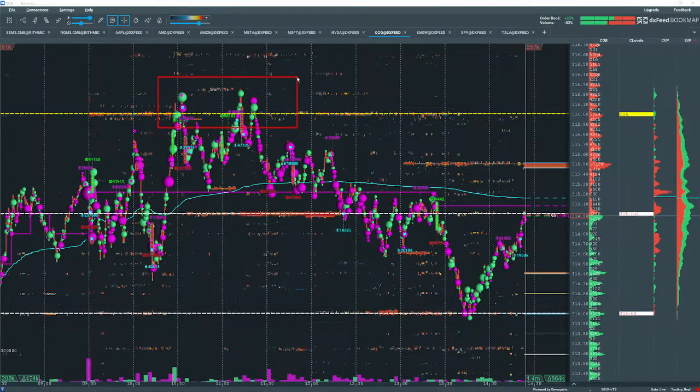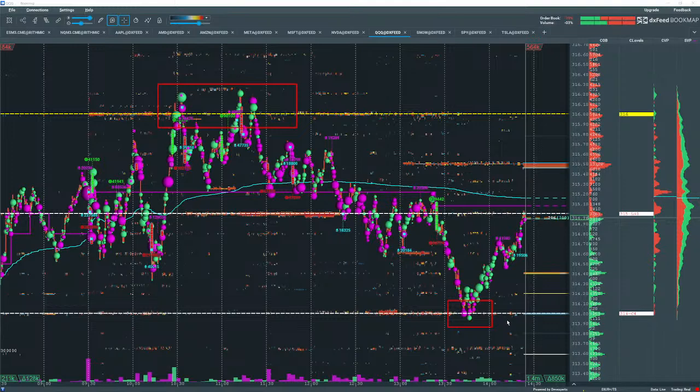Here, resistance just around the 316 level, and support so far at the 314 level. So if you trade NQ, I would figure out the ratio for NQ to QQQ. It's around 40, and then mark those QQQ levels on your chart.